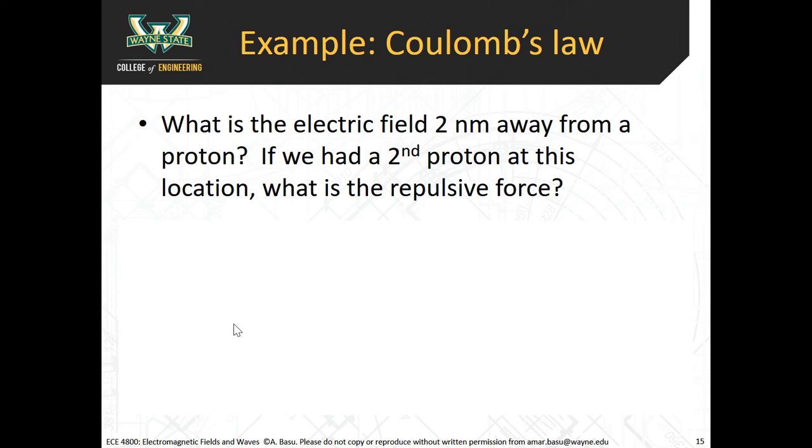So I'm going to give you a hint or reminder on this problem. The charge of a proton is 1.6 times 10 to the negative 19 coulombs. Again, the charge of a proton is 1.6 times 10 to the negative 19 coulombs.